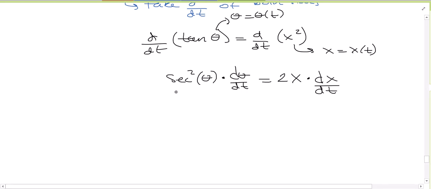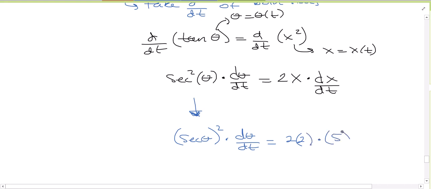Notice that we're going to need something for secant squared of theta. So let me write that as secant theta squared, because that's what that means, times d theta dt equals 2. We want to know when x is 2 centimeters and when dx dt was 5 centimeters per second.